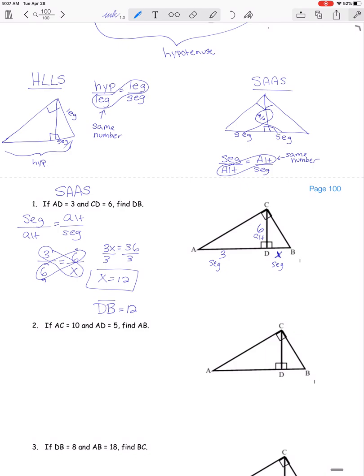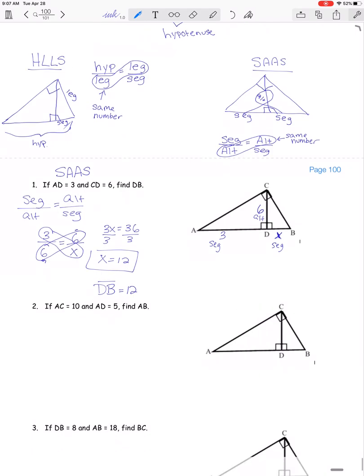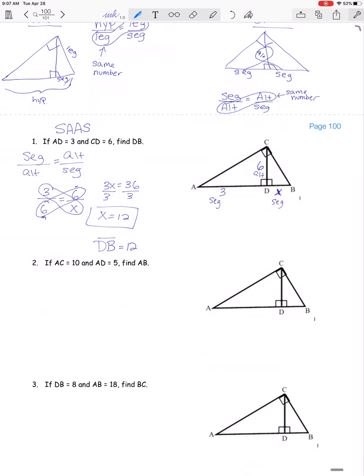I'm going to do one more with you just to show you an example of when we have HiLLS. So if AC is 10, AD is 5, find AB, that's this whole thing here. We know the whole thing is the hypotenuse. So we know this is the segment because it's the segment that was created when we dropped that altitude down.